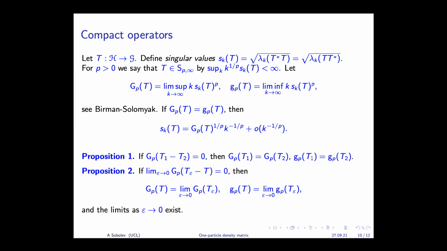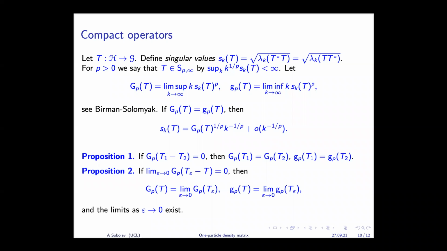And of course, when you do asymptotic analysis, this is a very standard thing I'm going to say. You have an operator whose spectral asymptotics you know well, and you have a perturbation. What can you say about the perturbed operator? Is it going to have the same asymptotics, or how is it going to change? These are two propositions that help to answer this question.